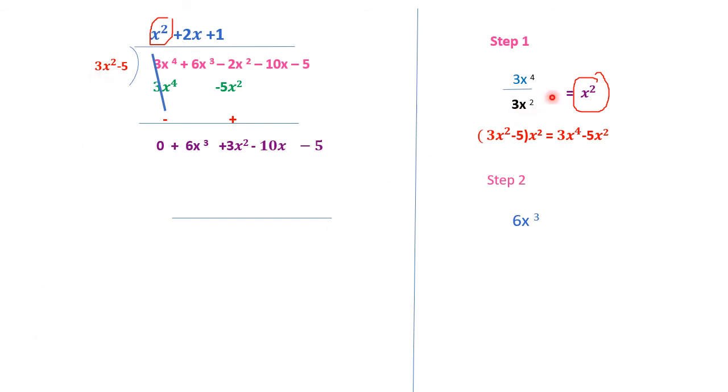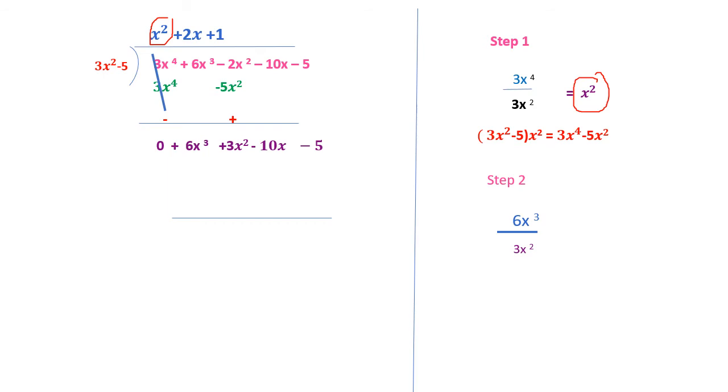Every time we are dividing with the same first term of the divisor, so the denominator is always the same. You need not worry about the denominator. Only the numerator will change in every step.